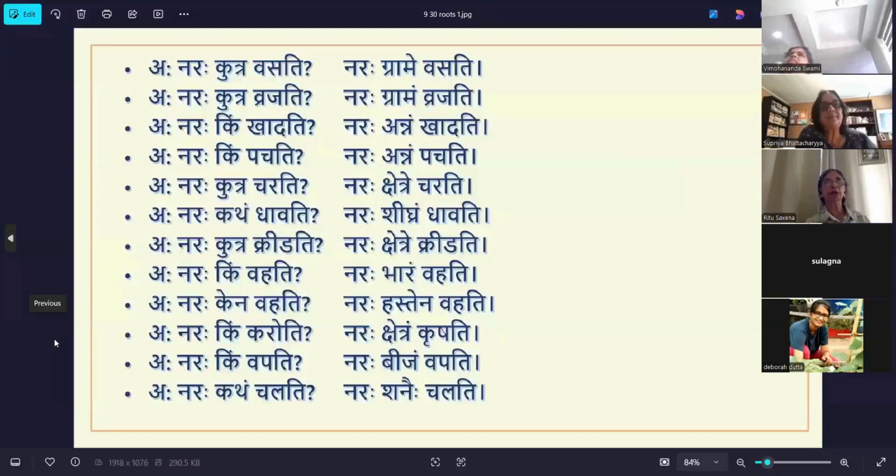Third Vibhakti, the instrument. How is he carrying? Nara Hastena Vahati. Hasta means hand. He is carrying with his hand.